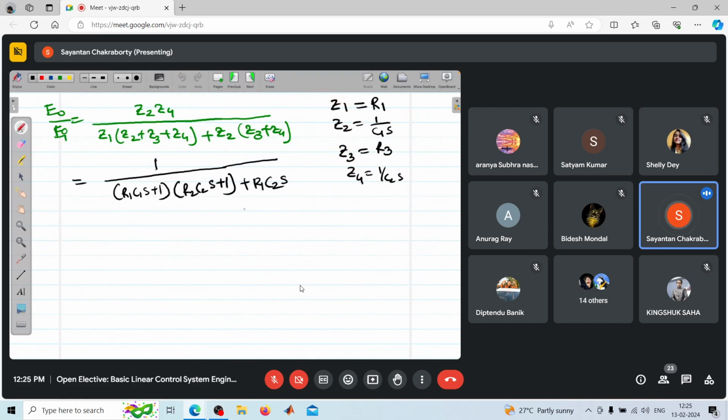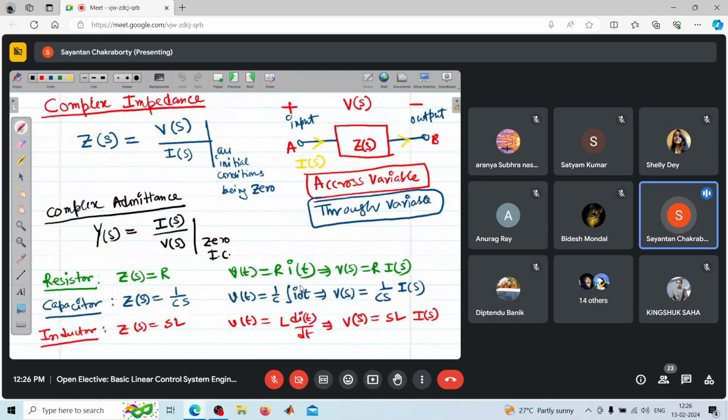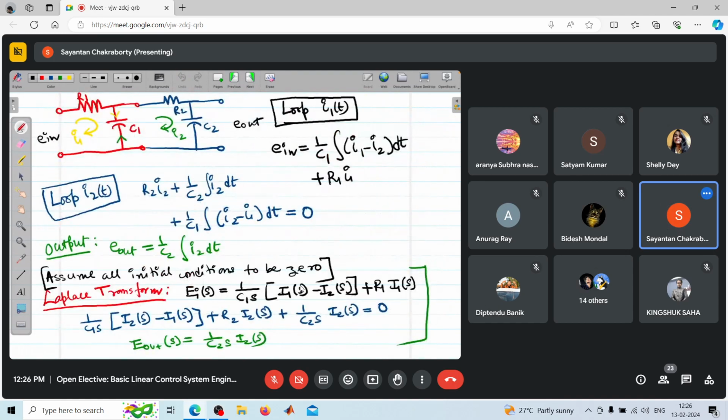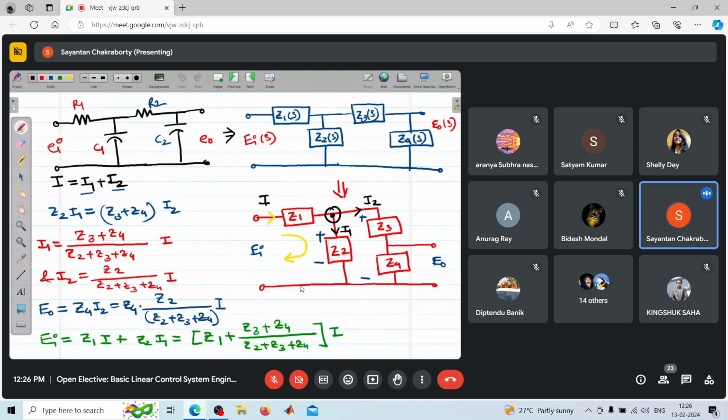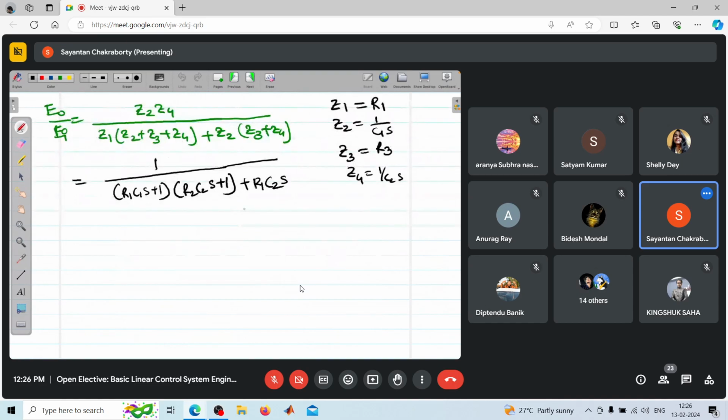See, instead of going through this much of complicated equations where we have to eliminate each and every component or eliminate I1 or I2, this is another way of achieving the transfer function in a well laid out plan with the help of complex impedance. Okay.